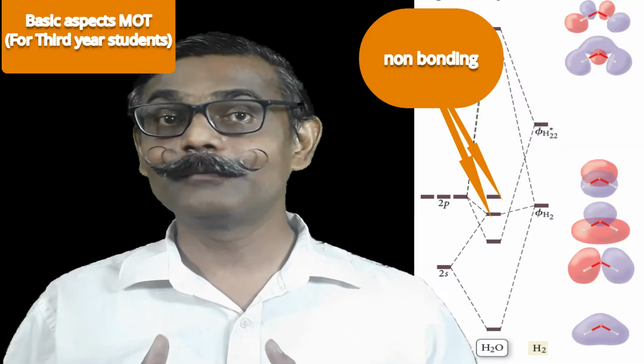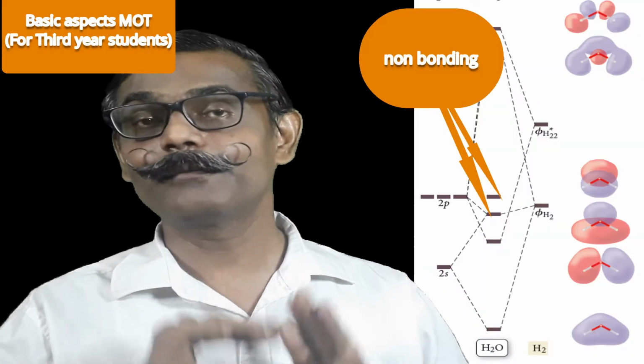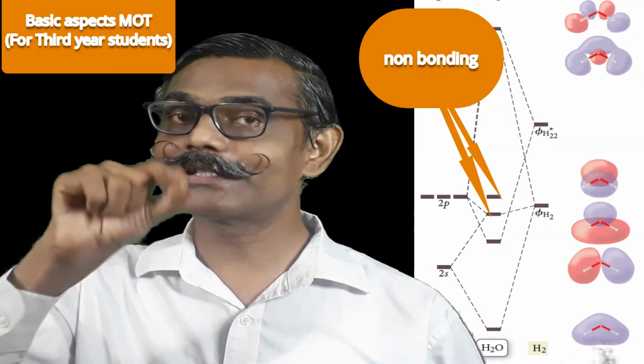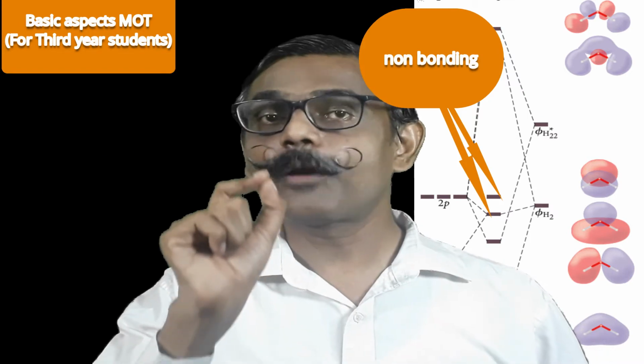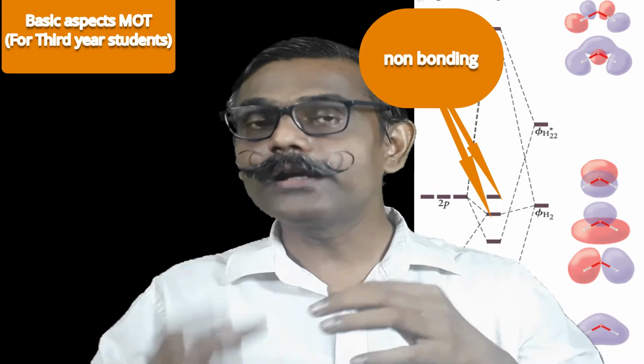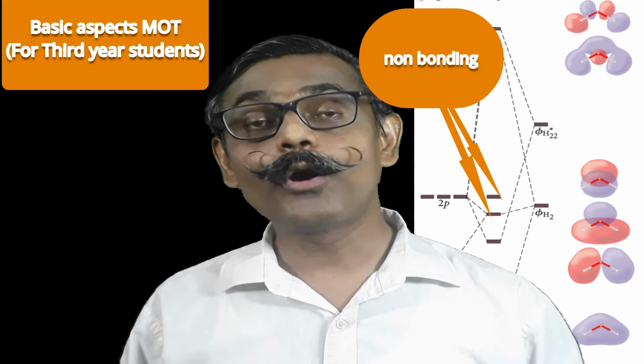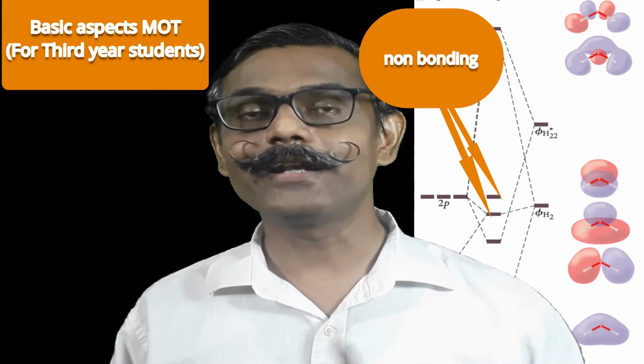One among them: if the very inner orbital of one atom has no interaction, then it will remain non-bonding. Or if there are equal positive and negative interactions, then also it will remain non-bonding. Sometimes we feel that an orbital is bonding, but actually it is non-bonding or anti-bonding. Exactly how much bonding character and how much anti-bonding character there is decides the non-bonding nature.